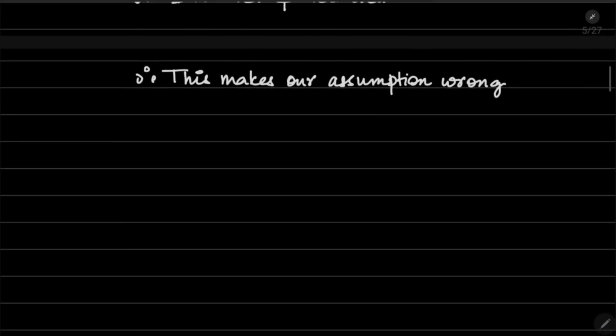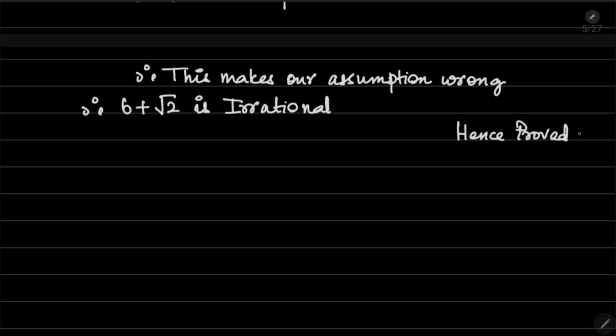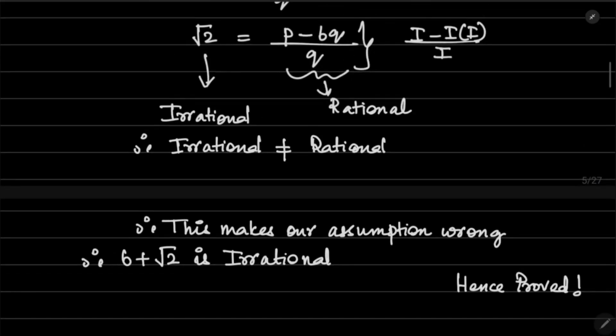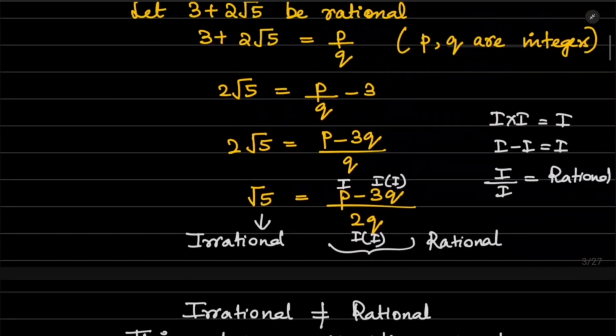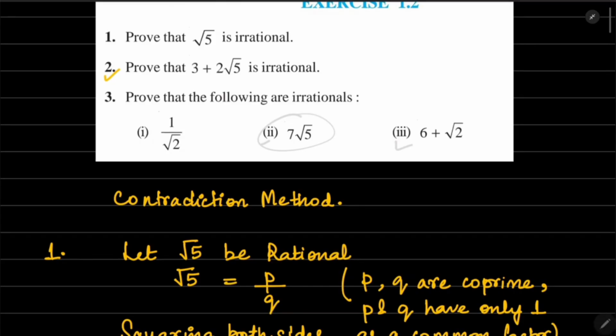Therefore 6 plus root 2 is irrational. Hence proved. So these questions are a must, most important questions, and always asked. It's a very frequently asked question. So please do practice and try doing 7 root 5 the same way.